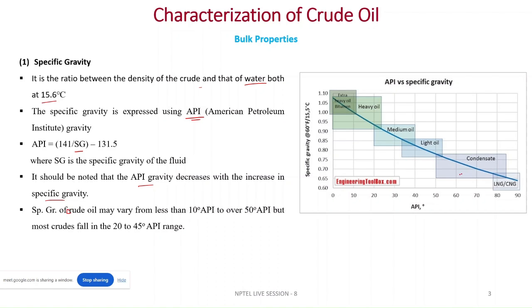Like LNG, condensate, light oil, medium oil, heavy oil, and at the bottom we will get bitumen or extra heavy oil. So we can see that the specific gravity is increased, or you can say density, whatever you are saying.